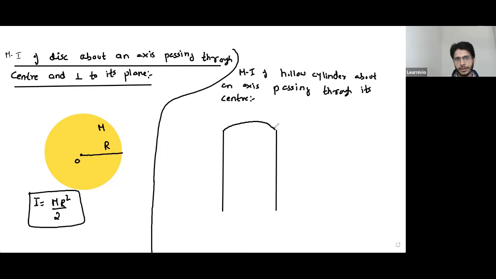So this is your cylinder. You have an axis which is passing through the center of the cylinder. This is the axis which is passing through the center of cylinder. The radius of the cylinder is r, the mass of the cylinder is m.